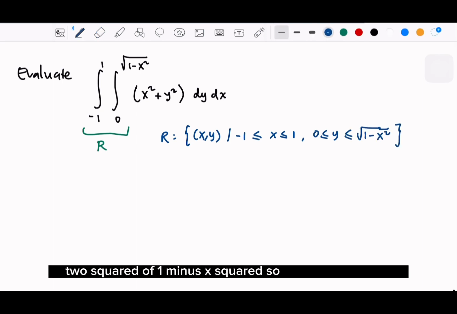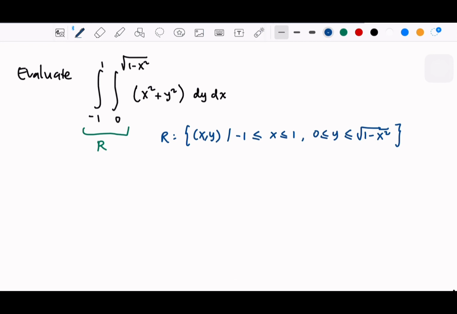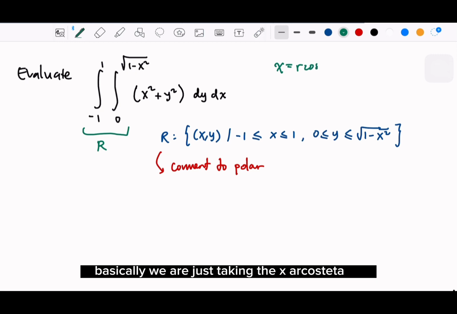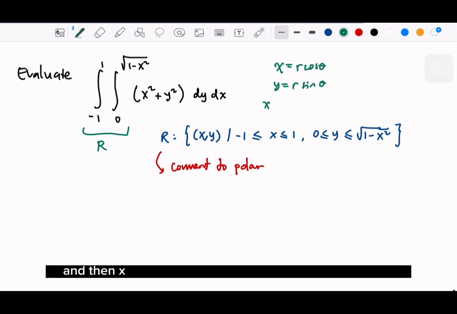Okay. So we start from here, and then we convert to polar. So how to convert to polar? Basically, we are just taking x equals r cos theta, y equals r sin theta, and then x squared plus y squared equals r squared.